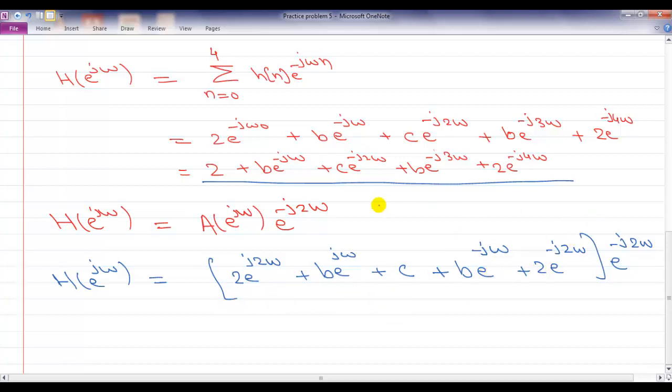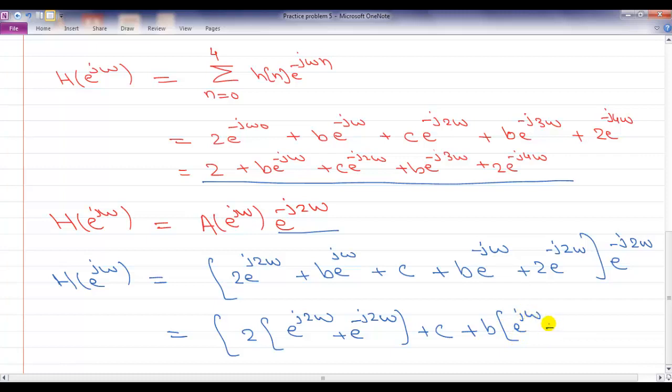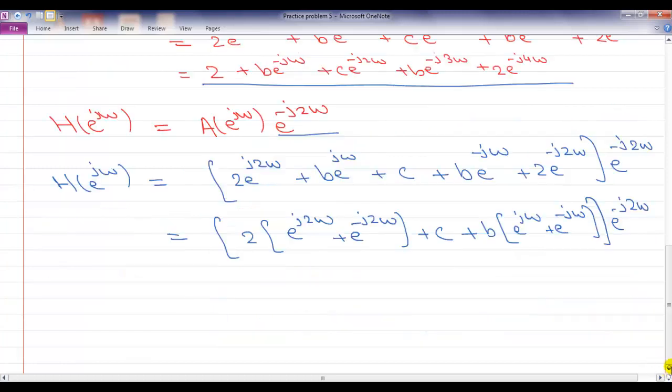So I've just taken this constant, and now I can write things using Euler's identity. I have 2 common, e to the j 2 omega plus e to the minus j 2 omega, plus c plus b times e to the j omega plus e to the minus j omega, times e to the minus j 2 omega.